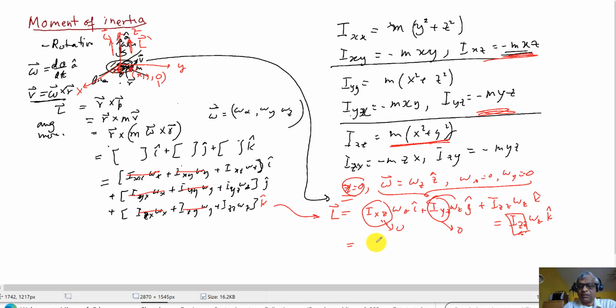So this is m r square omega z k hat. All of these I's are moments of inertia; the I ij are called the components of the moment of inertia, right?